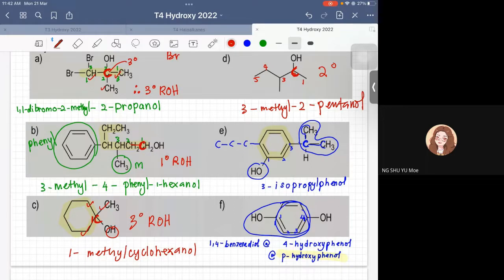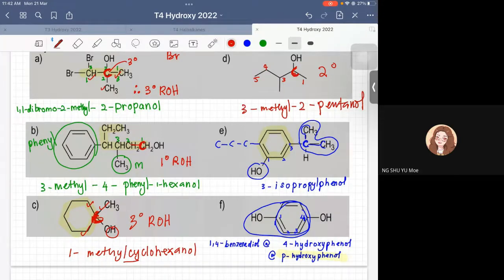It is automatically carbon number 1 at the cyclohexane will be the carbon that bonded to the OH. So ini carbon number 1. So tak payah letak. Kalau letak, salah ke? Kalau letak salah.